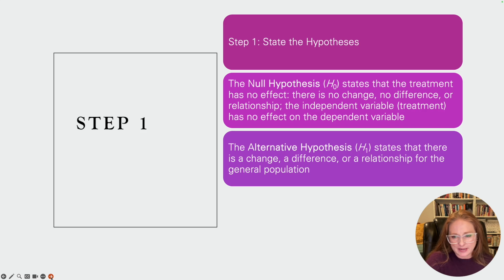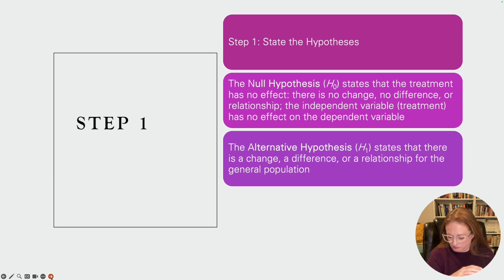So the alternative hypothesis states that there is a change, there is a difference or a relationship with the general population. Okay, so step 1 is stating: if there is no difference, the sample population is just going to act just like the regular population, right? The alternative hypothesis is that there is going to be a change.